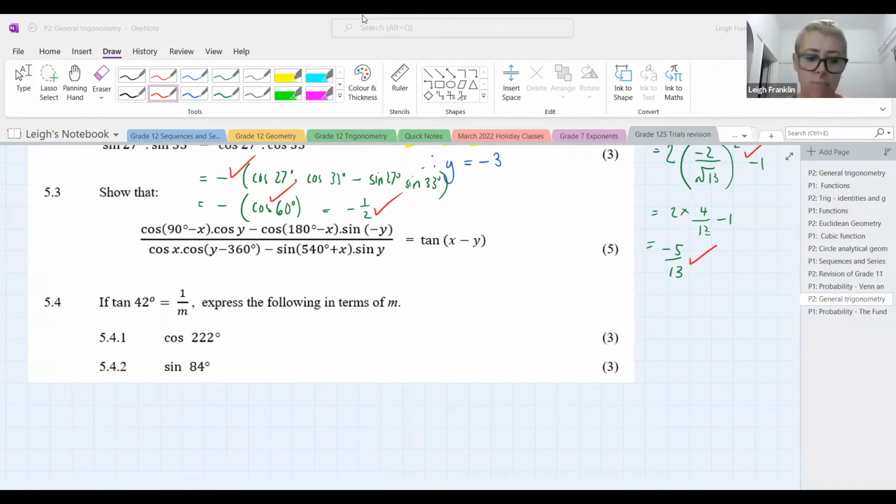Have you finished 5.3 already? Ma'am, I got negative cos 42, so I'm wondering how I must represent it in terms of M. Oh, she's doing 5.4. Okay, we're not doing 5.4, we're doing 5.3. Okay, we will do 5.4, but we're doing 5.3 to start off with.